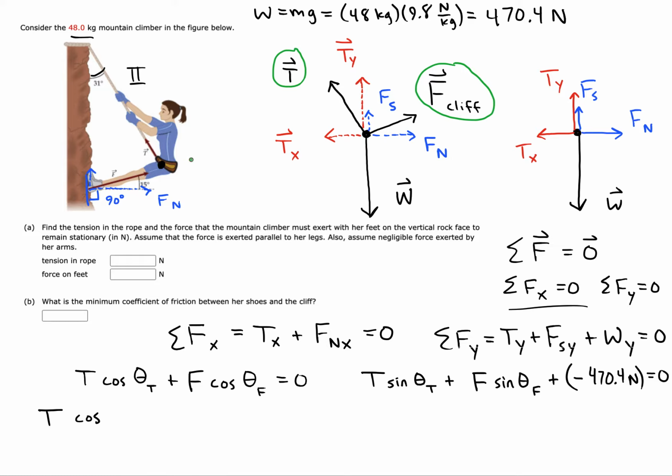So when we measure the standard position angle, we actually want to go from the positive x direction and measure it this way. So by alternate interior angles here, this is going to be 31 and this is 90, so we're talking about 121 being the actual angle that the tension force is pointing.